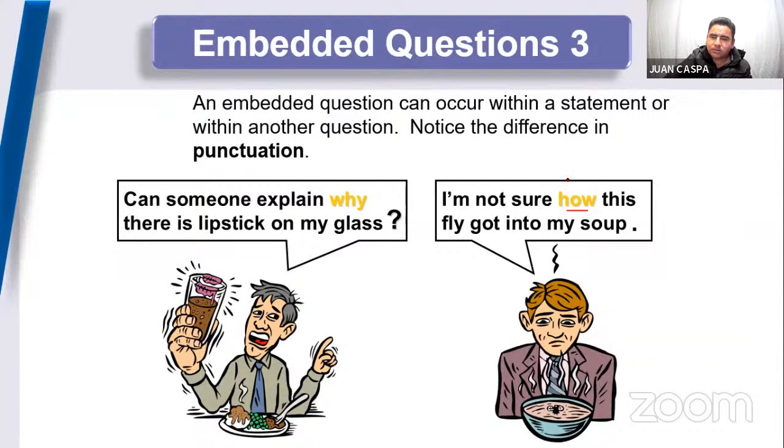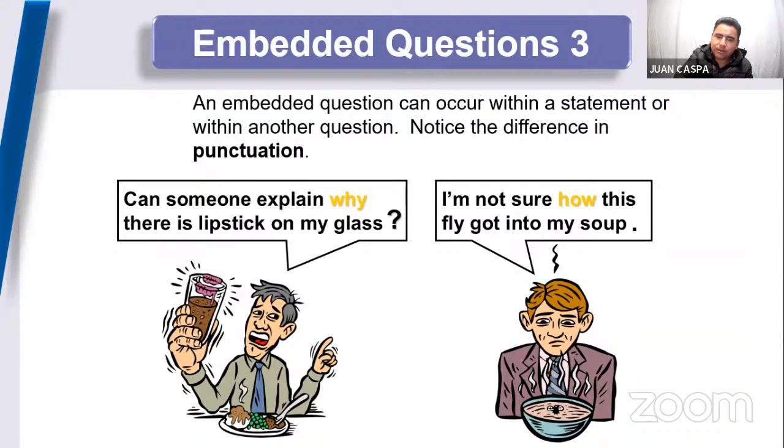Why is a fly in my soup? Come on, right? But in this case, he's not sure, so that's why it's necessary to use this embedded question. He cannot complain directly to the restaurant and say why, right? Maybe he didn't see the fly coming into the soup.